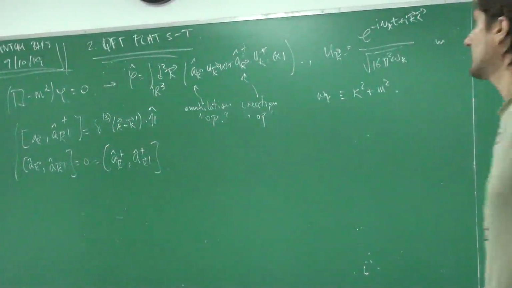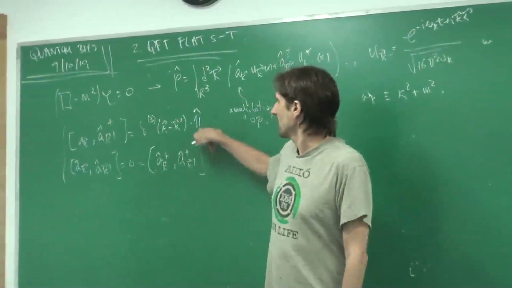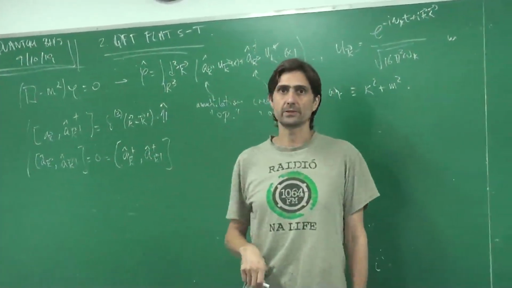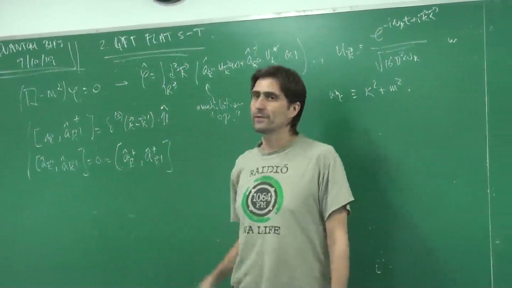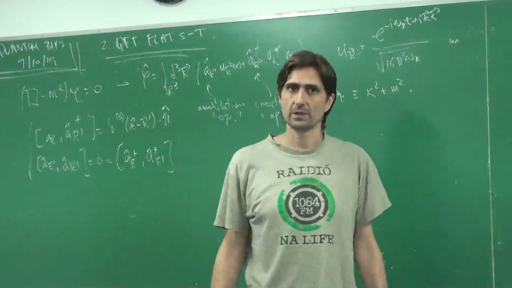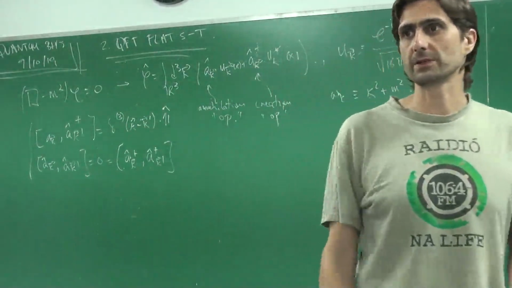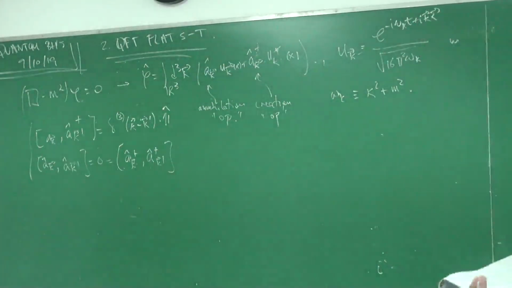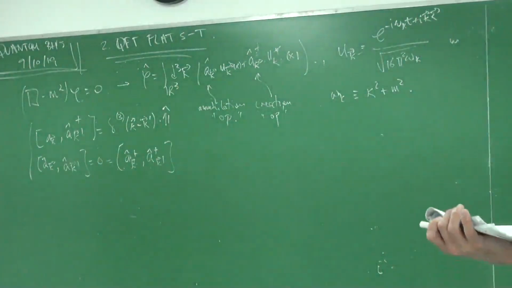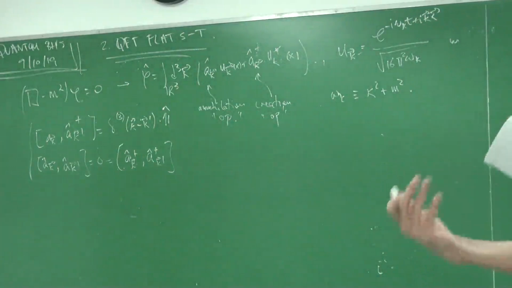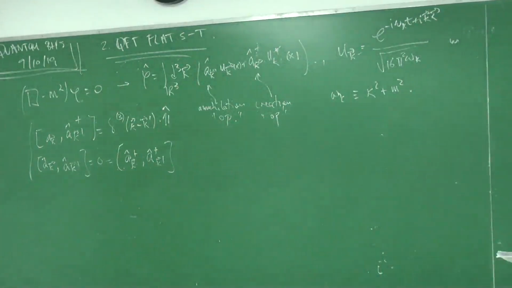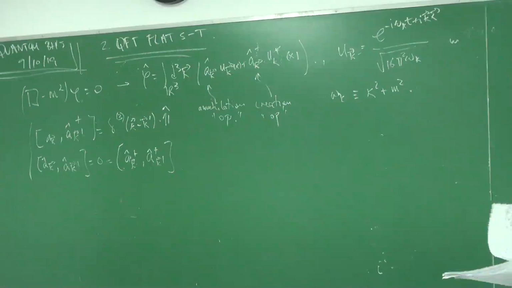You can already see this here, where you've got a unit operator 1, and then you've got a distribution in front of it. So whenever you smear it with a test function, what you get is a distribution. And that's going to be the source of a lot of issues, as we shall see.